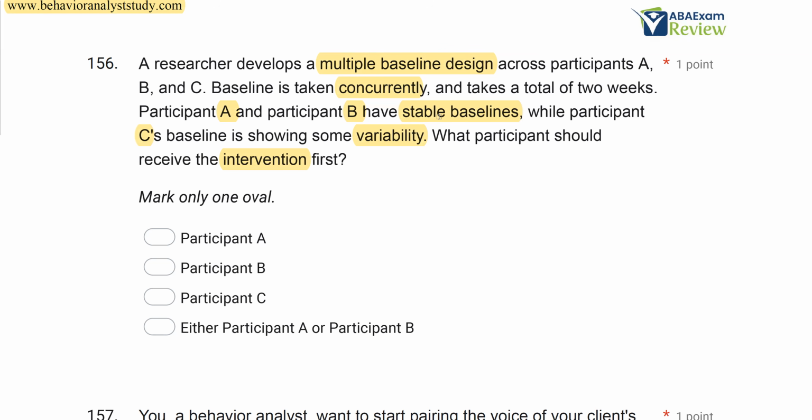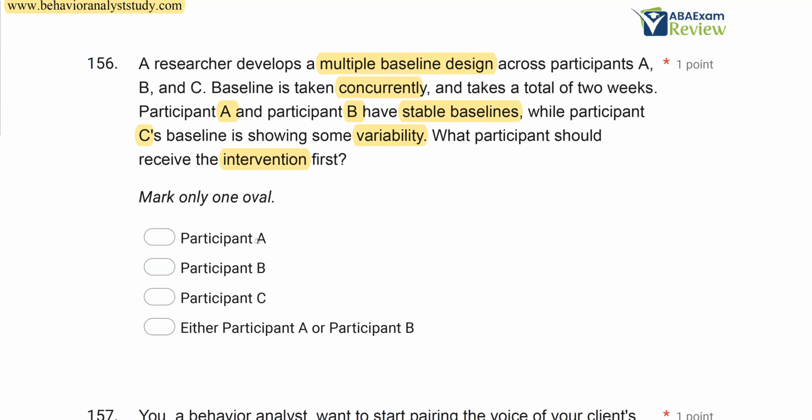When you have no stable baselines, or let's say more than one stable baseline, you can start to choose at random. Ideally, we're not going to want to start without a stable baseline, but that's going to be dependent on your design and your needs. In this case, though, we have 2 stable baselines. So it's going to be acceptable to start with either A or B.